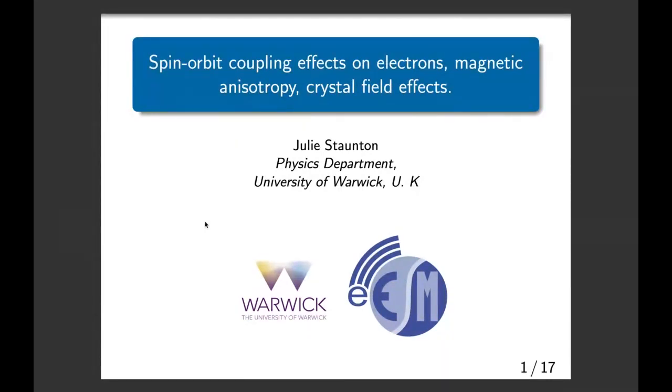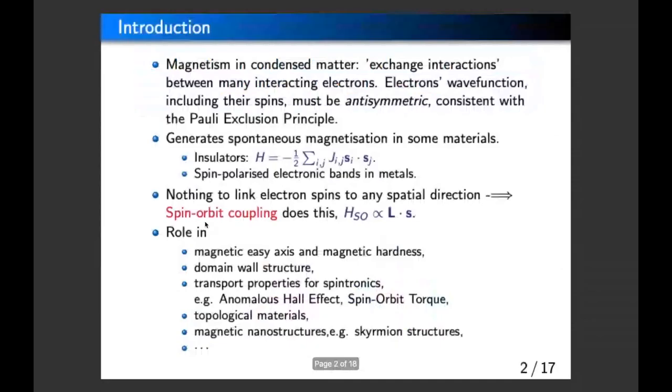So I'll make just a few introductory remarks now, just to set the context a little bit. So, as you've heard already in the lectures so far, to understand magnetism in condensed matter, we have to consider the effects of the interactions of the electrons in the system and the consequences of their spins.